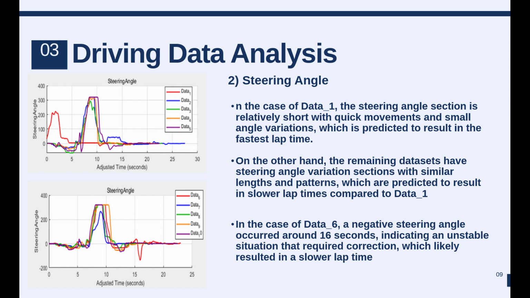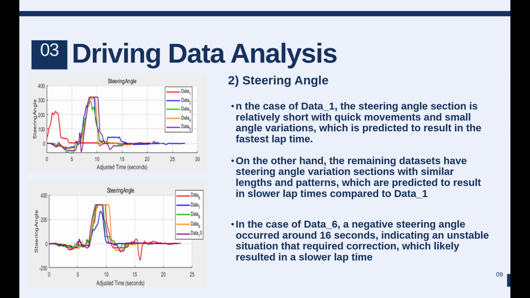Cornering remained stable even with small angle changes, as the deviation of steering inputs and the rate of steering angle changes were minimized. This resulted in the fastest lap time.